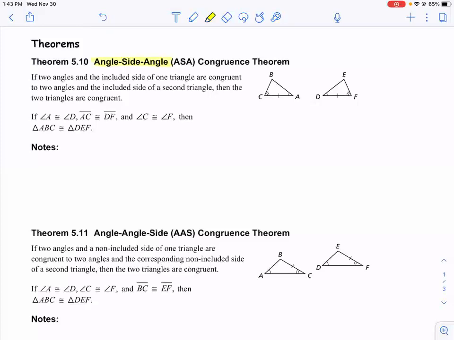We have two angles and the included side. Notice how we have two angles and this side that is in between them. Two angles and the side that's in between them.